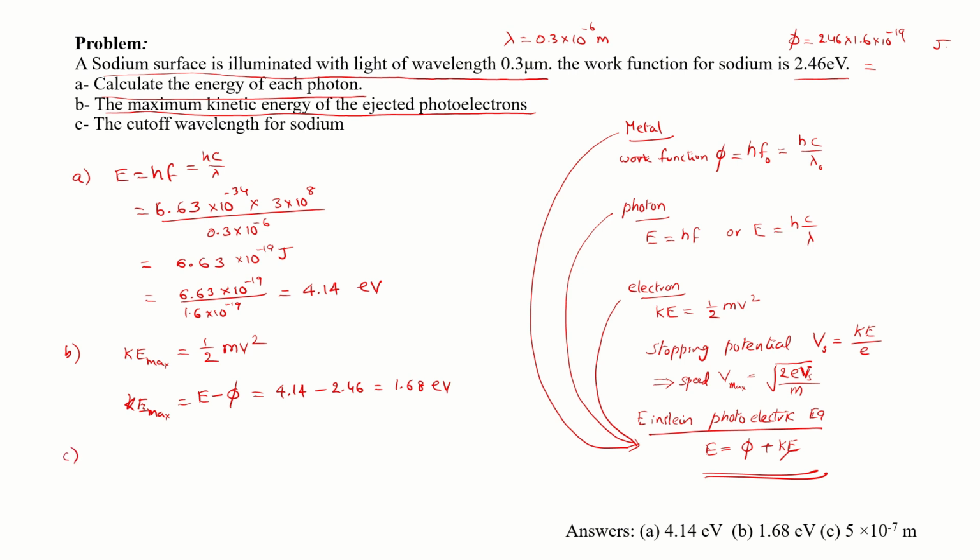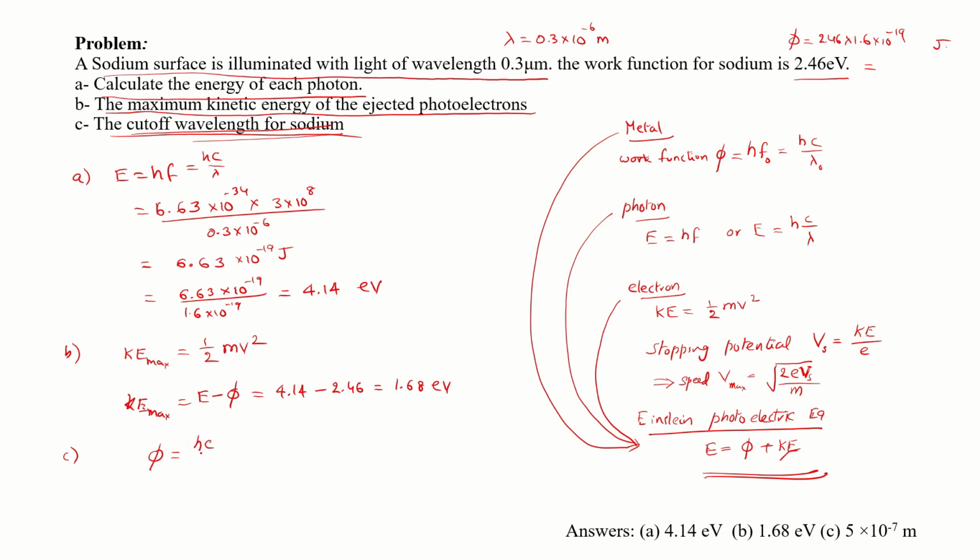The last one: what is the cutoff wavelength of the sodium? Cutoff wavelength is related to the work function. The work function equals hf naught or hc by lambda naught.